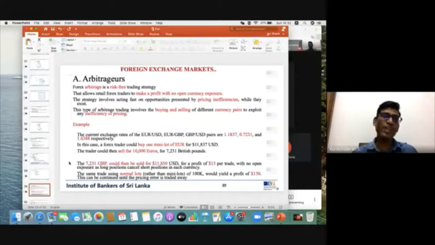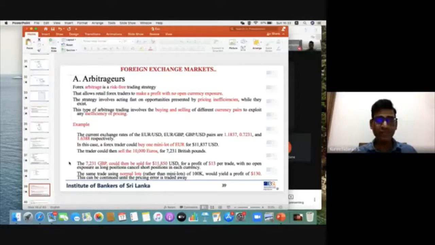Or if you sell dollars without already having them, you may be in deficit in dollars. If something happens to the rate, when you settle you have to buy and settle, so you are exposed to exchange rate risk.